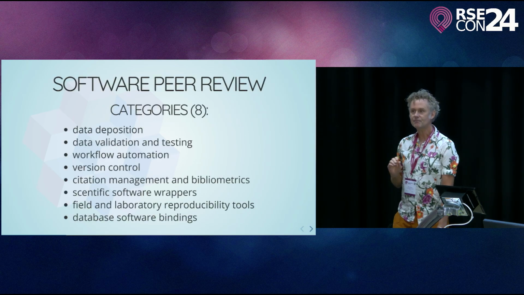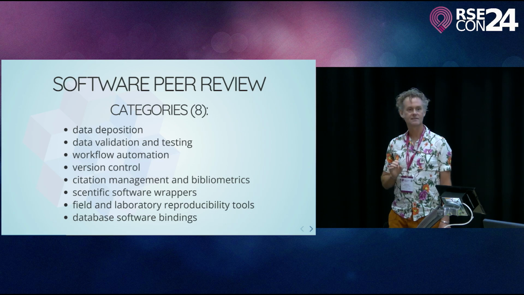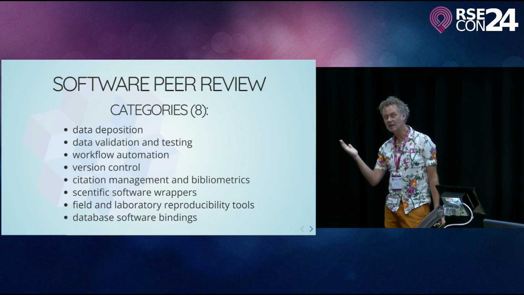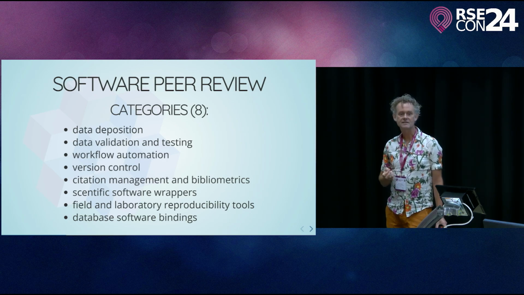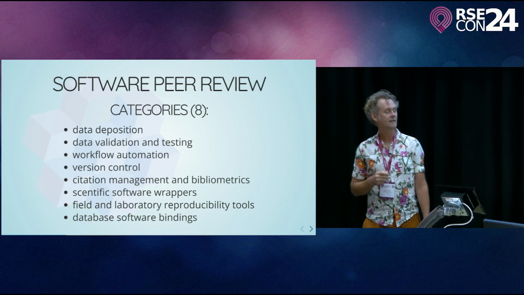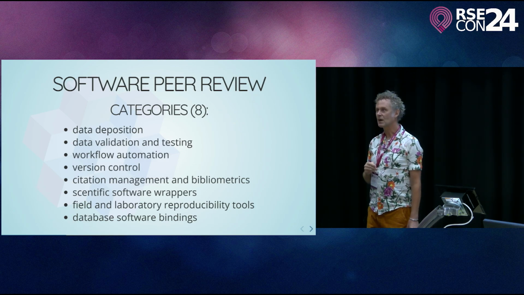So, rOpenSci peer review at the moment is defined by these categories. rOpenSci is also, you can tell by the Sci bit at the end, entirely focused on scientific software. This is an RSE conference. These are the categories that we currently are able to peer review.